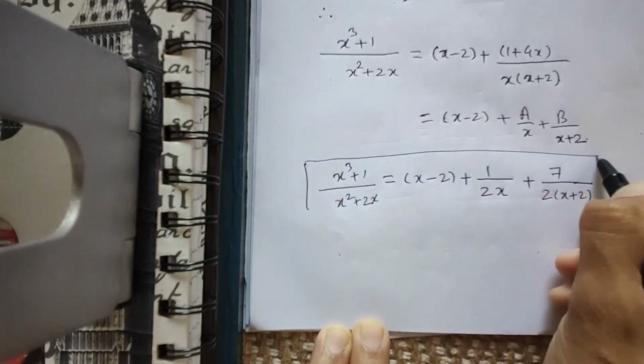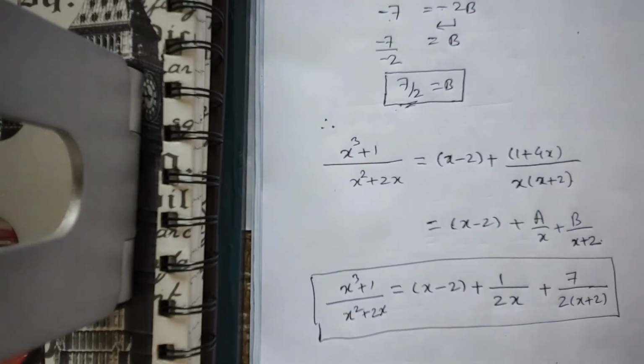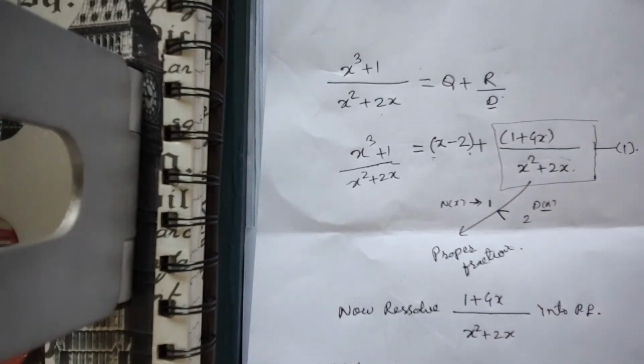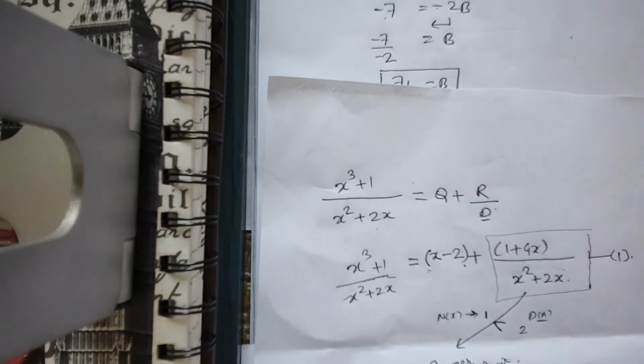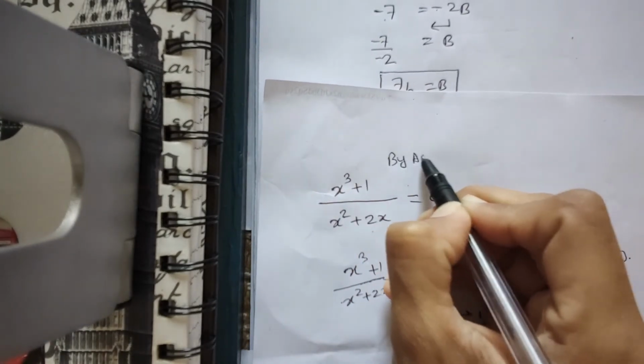Just observe it carefully. The procedure is simple. For an improper fraction, we just need to convert it into a proper fraction. And how do we convert it? By actual division.